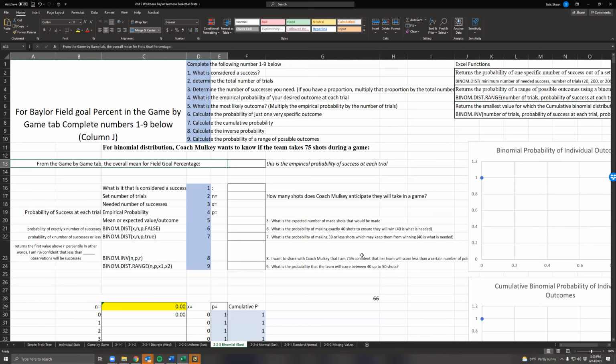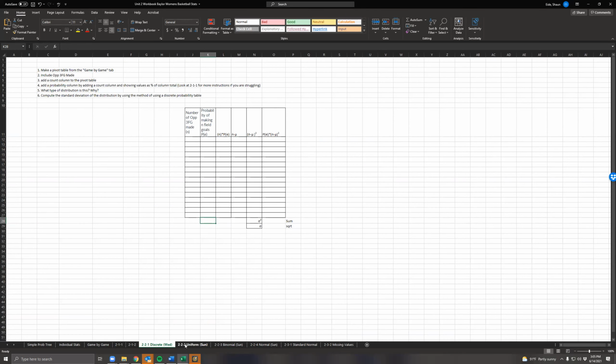All right, that's a really good question. With a discrete distribution like this, the standard deviation is essentially the same formula, but the way that you interpret it is slightly different.